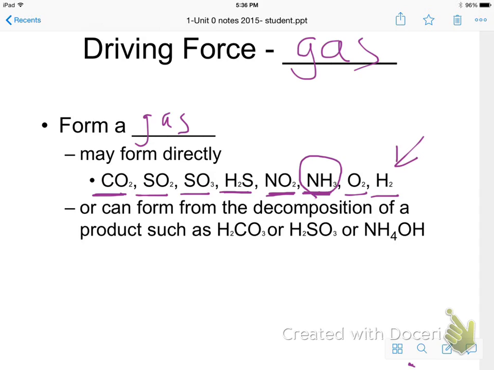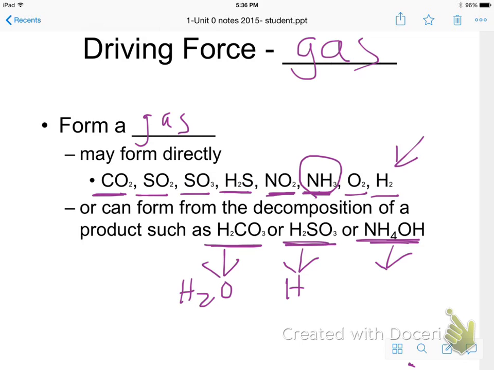The other thing you have to be aware of is that you may form something in a double replacement and it looks like it's not a gas, but you have to recognize that these three substances decompose immediately into always a combination of water plus something else.